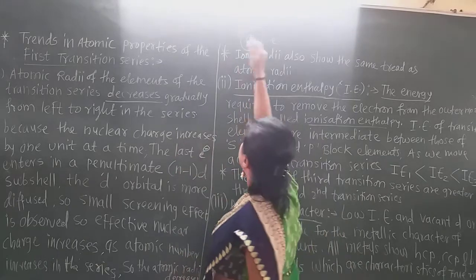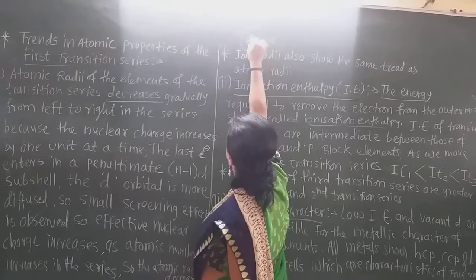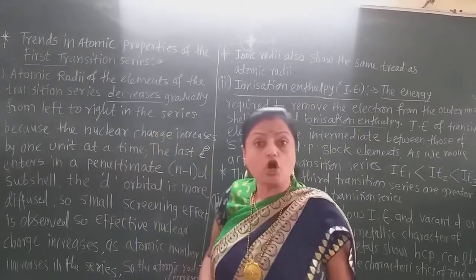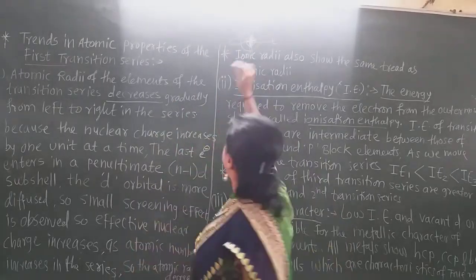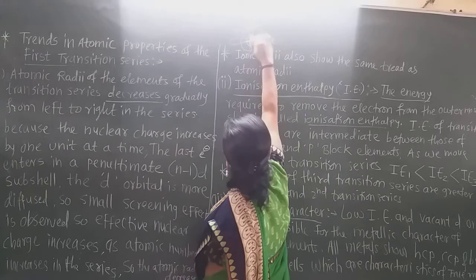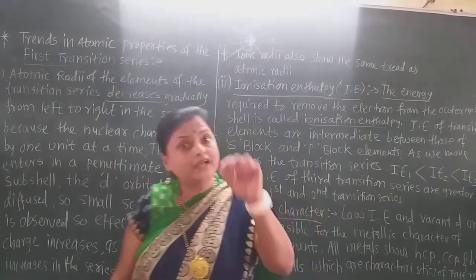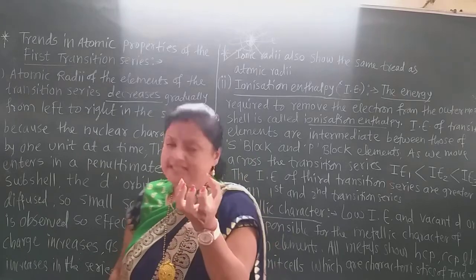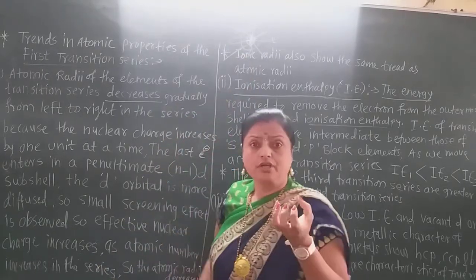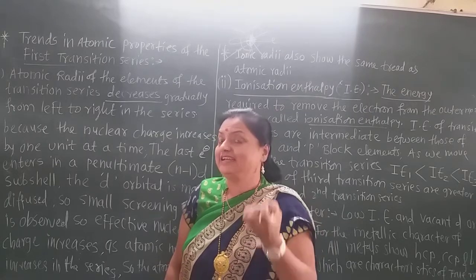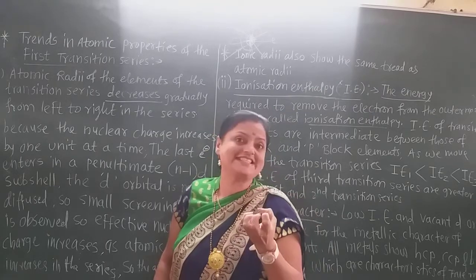But due to the dumbbell-shaped nature of the d orbitals, the force of the nucleus can reach the electron from this side, and this positively charged nucleus attracts that electron towards itself, so the size decreases instead of increasing.